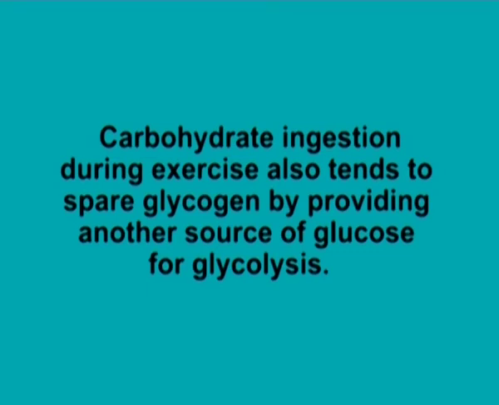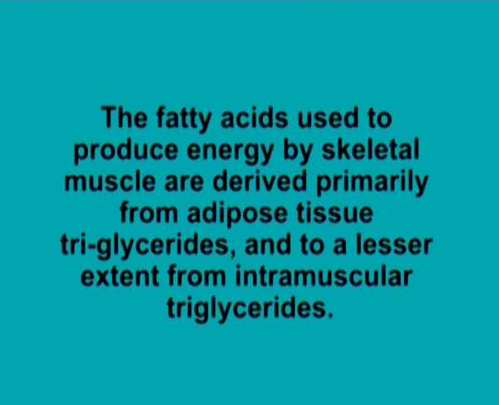Carbohydrate ingestion during exercise also tends to spare glycogen by providing another source of glucose for glycolysis. The fatty acids used to produce energy by skeletal muscle are derived primarily from adipose tissue triglycerides and, to a lesser extent, from intramuscular triglycerides.